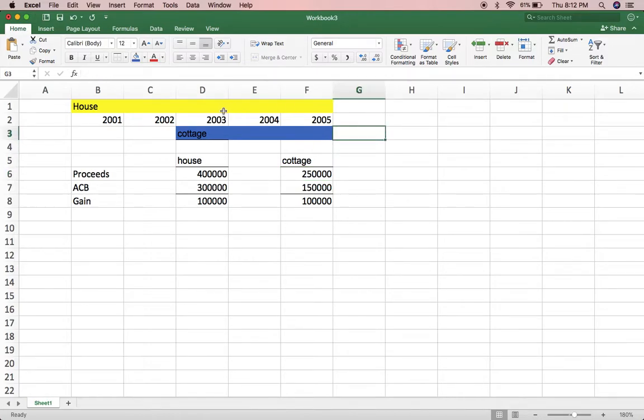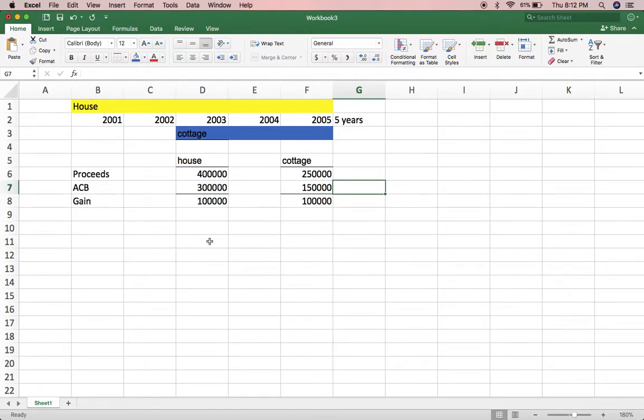The total years was from 2001 to 2005, 1, 2, 3, 4, 5, so 5 years in total.